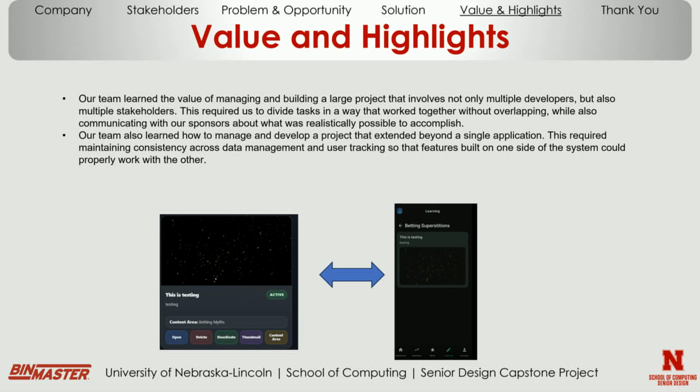So one of the skills we learned was how to develop a project that focuses not just on what we can do, but on what our stakeholders want. This required us to divide tasks between us, communicate with our sponsors what was possible or not possible, and then build the vision that they saw for the app.